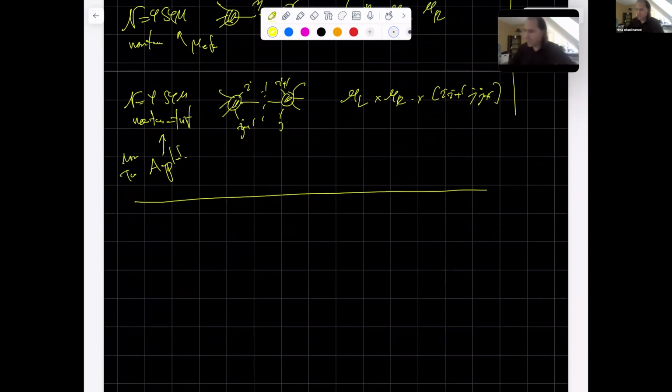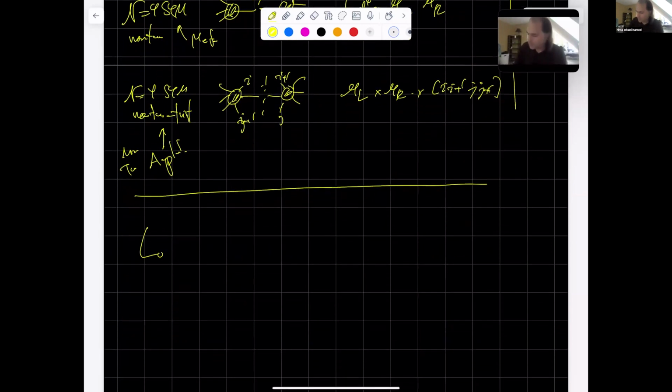Okay, so now let's talk about loop level. And at loop level, there's famously always been a problem. So first of all, at one loop even, at the higher loops, there's a zeroth order thing, which is that there's a notion of the integrand only in the planar limit.